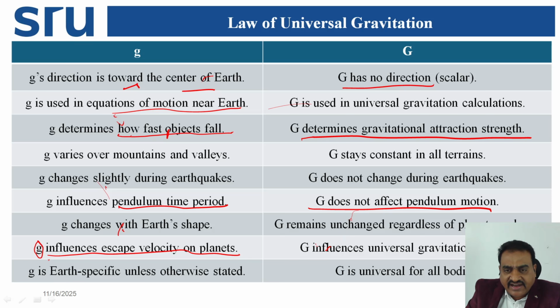The universal gravitational constant influences the universal gravitational force. Small g is Earth specific unless otherwise stated. Capital G is universal for all bodies.